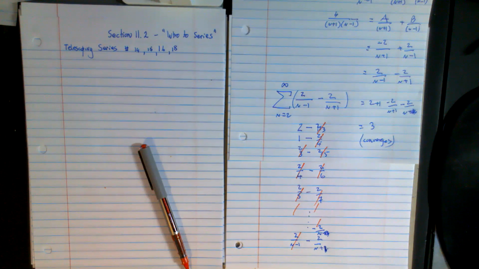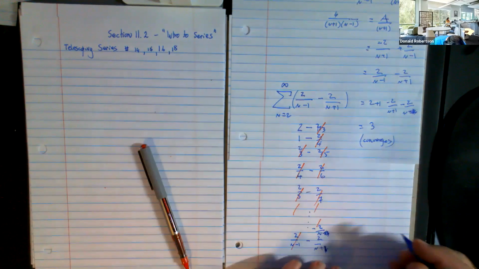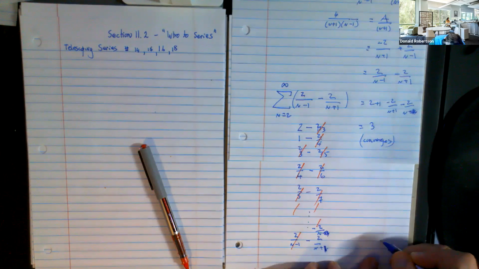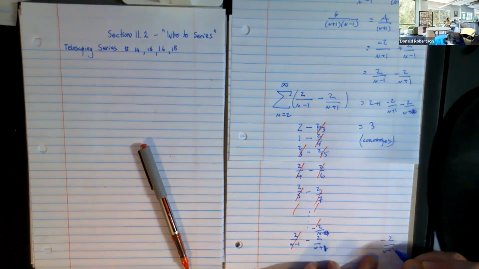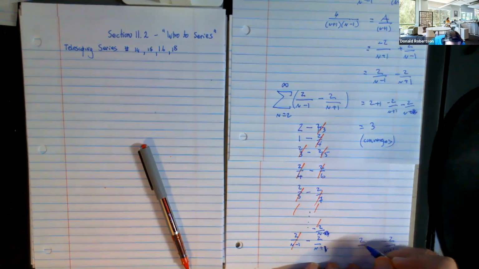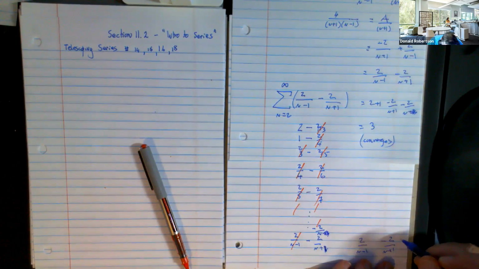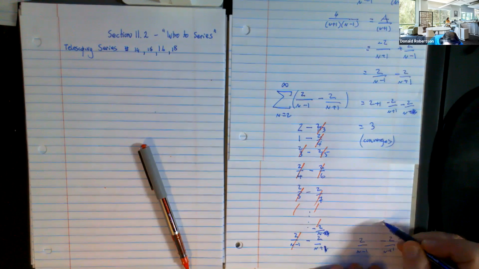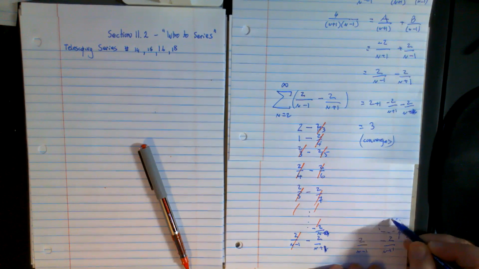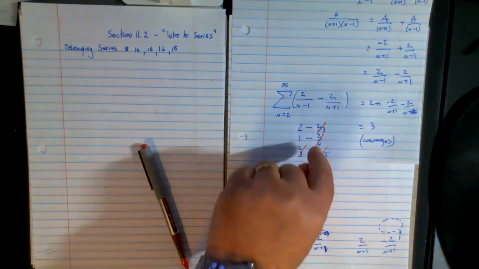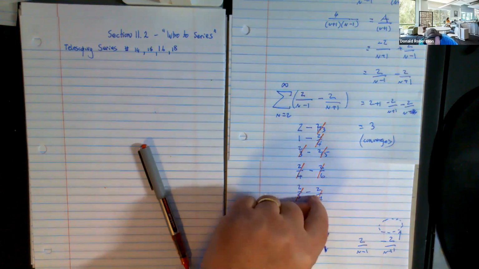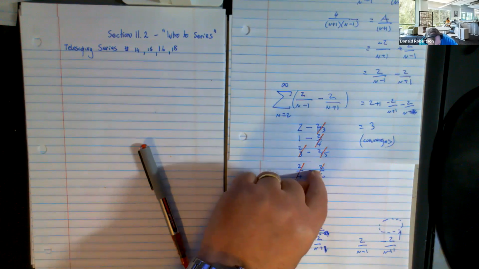I'm a little confused of how we got the 2 over n minus 1 here. This fella? Okay. You had a negative 2 over n plus 1 here, right? Here you had a 2 over n minus 1, right? And you're saying, I'm not sure how I got this guy that goes here, right? Yeah. But if you look at this pattern, if this guy is 7, isn't the one just above it 6?